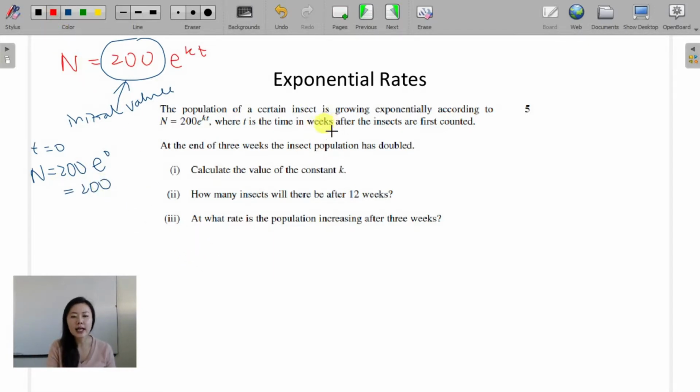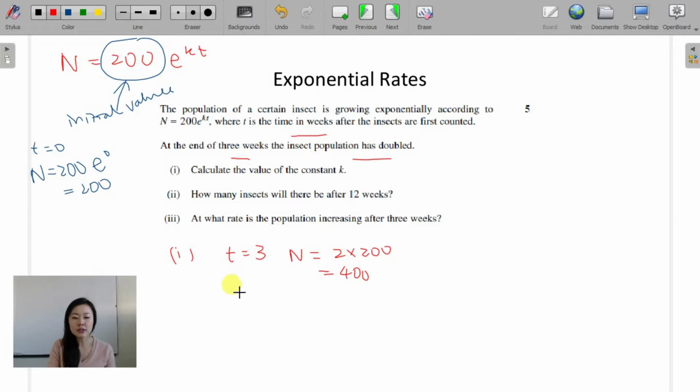All right, so in this case, we are given that population of insects is growing exponentially according to this equation. T is weeks after insects are first counted. At the end of 3 weeks, population has doubled. So when t is equal to 3, n is equal to 2 times the original amount, 400, it has doubled.